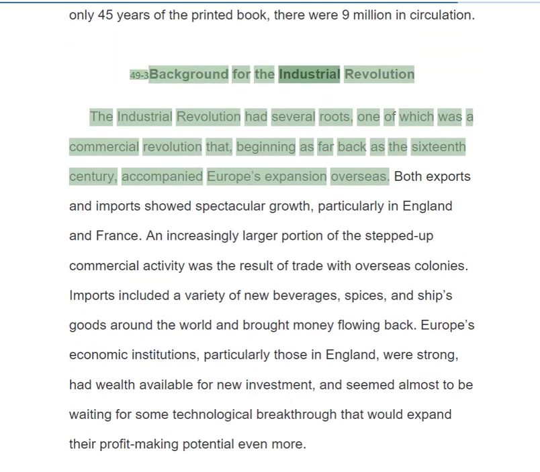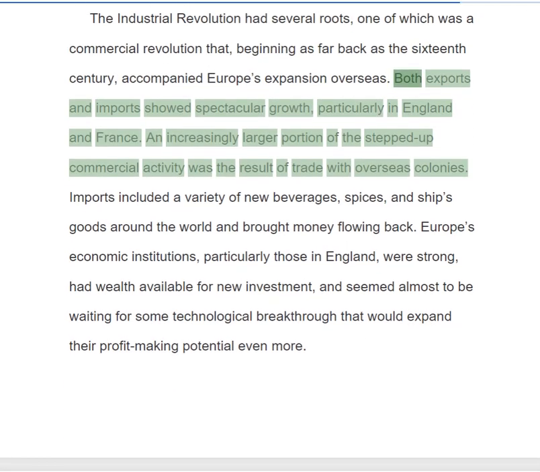49-3 Background for the Industrial Revolution. The Industrial Revolution had several roots, one of which was a commercial revolution that, beginning as far back as the 16th century, accompanied Europe's expansion overseas. Both exports and imports showed spectacular growth, particularly in England and France. An increasingly larger portion of the stepped-up commercial activity was the result of trade with overseas colonies.